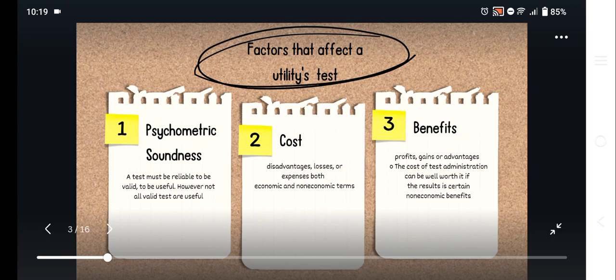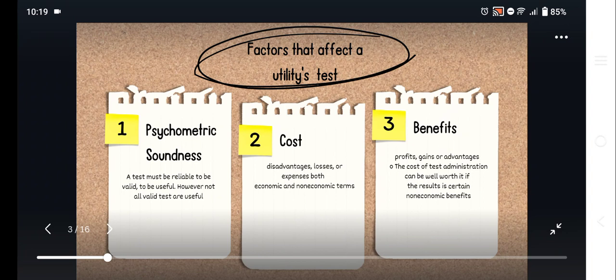However, not all valid tests are useful. Generally speaking, the higher the validity of the test scores for making a particular decision, the higher the utility of the test is likely to be.